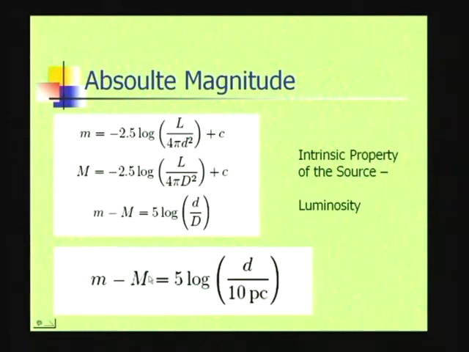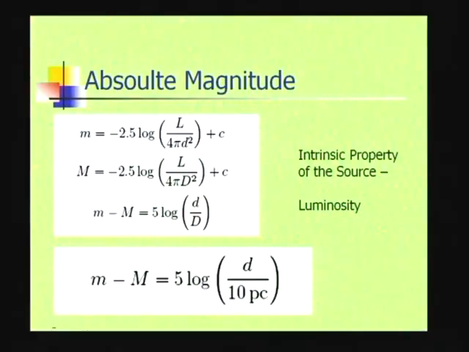that is the absolute magnitude. So the absolute magnitude is an intrinsic property of the source, and it essentially refers to the source's luminosity. So the absolute magnitude is equivalent to the luminosity of the source, and it is denoted by capital M. So we have the apparent magnitude, which is the flux from the source, take the log, multiply by minus 2.5, and then you can add a constant.